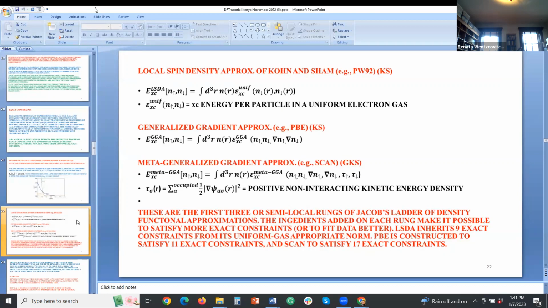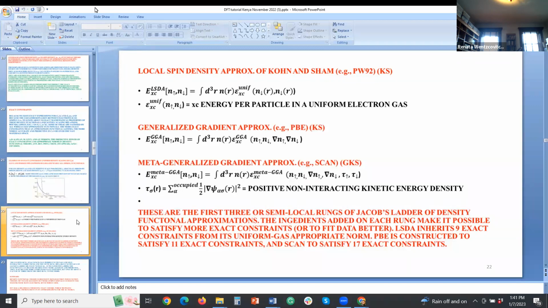correlation energy is a functional of the up and down electron spin densities. It's a single integral over the three-dimensional space of the total electron density n of r times the function epsilon xc uniform of n up of r and n down of r. And that function is chosen to be the exchange correlation energy per particle in a uniform electron gas that has uniform spin densities n up and n down.